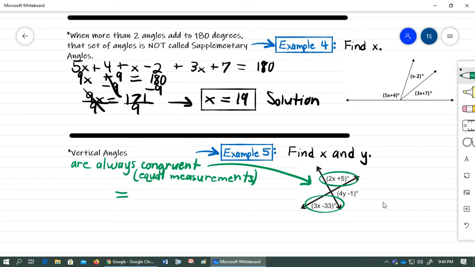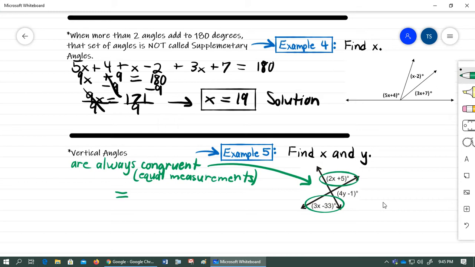Because vertical angles are always congruent, and by congruent we mean equal measurements, we should set the measurements of those vertical angles equal to each other. Please do not make the mistake of adding the two vertical angles together.